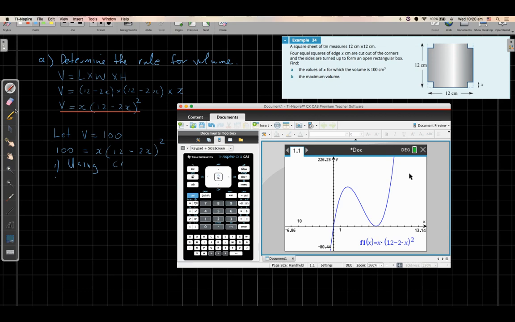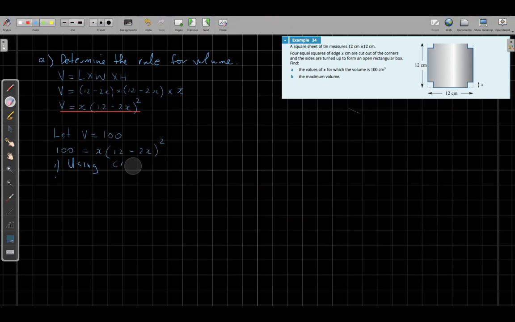The actual values that would be applicable to this particular question. Just need to get my graphing calculator back up. That's our rule, and we want to work out what are the valid values of x so that we've got a box.